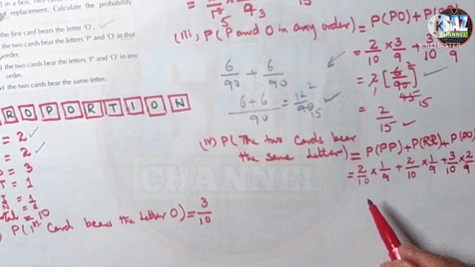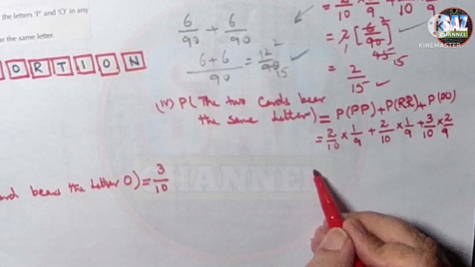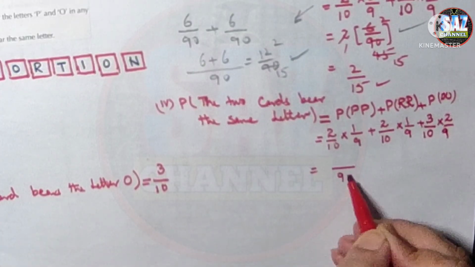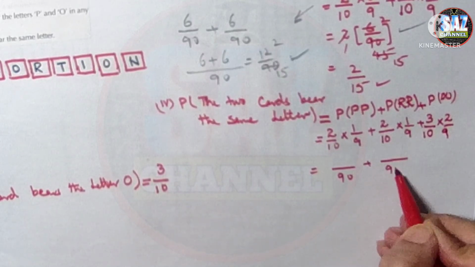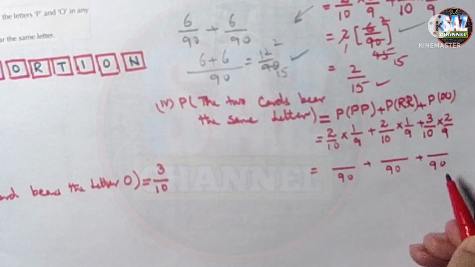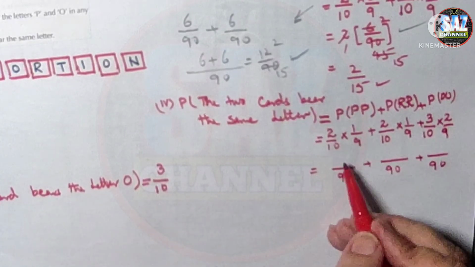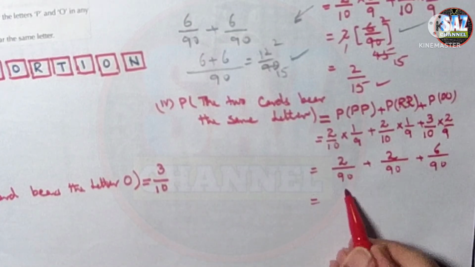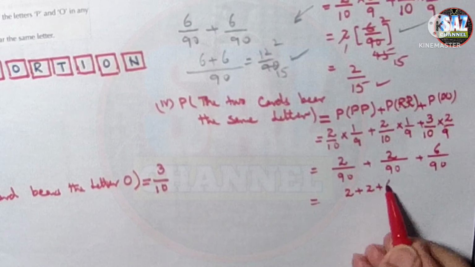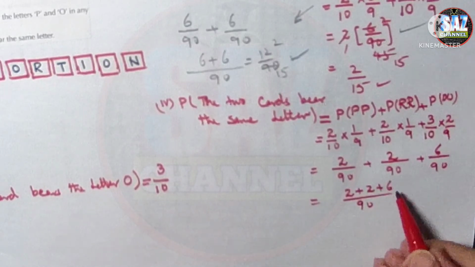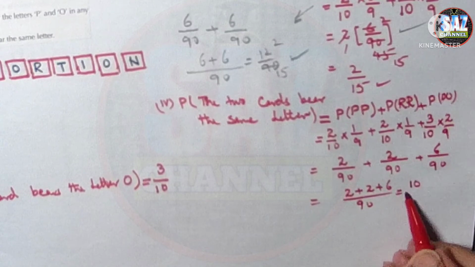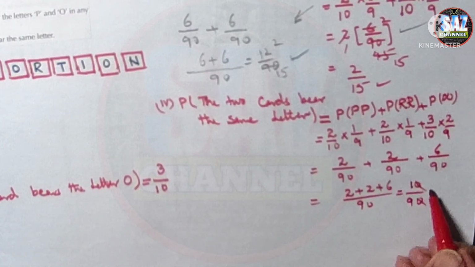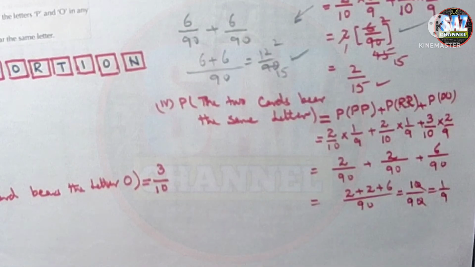To make your calculations easy, as the denominators are the same, I am not going for cancellation or simplification at this stage. I will write the products as they are: 2 multiplied by 1 is 2, then again 2 and 6, and then 2 plus 2 plus 6 upon 90, that is 10 upon 90, 0 goes with 0, and 1 by 9. So the probability that the cards bear the same letter is 1 by 9.